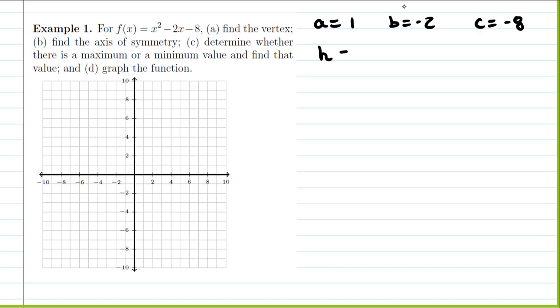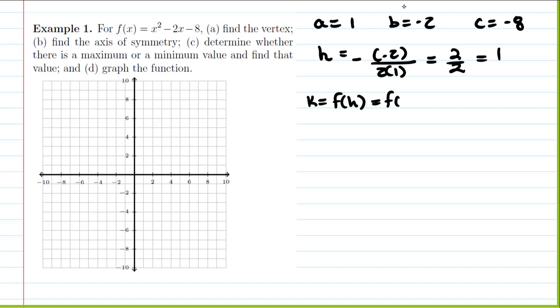So then h is equal to negative b, so negative negative 2, all over 2 times 1. So that gives me a negative negative is positive, 2 over 2, which is 1. So our vertex has x coordinate 1.